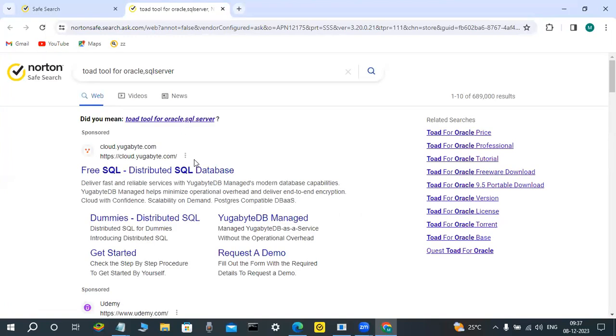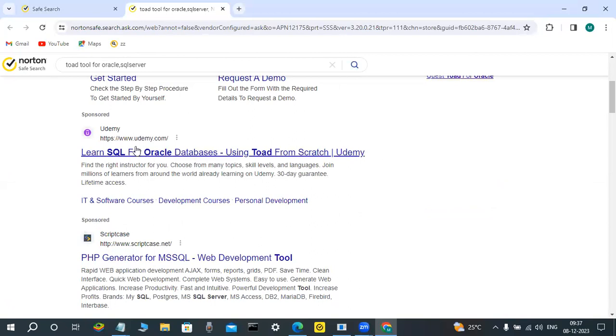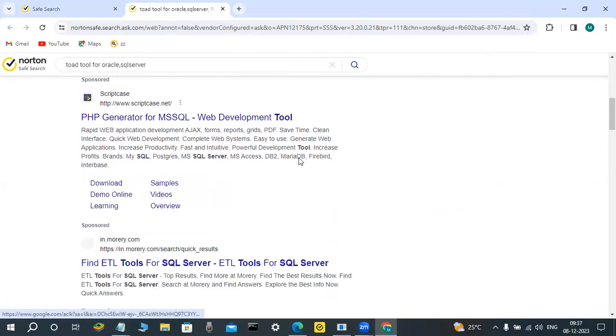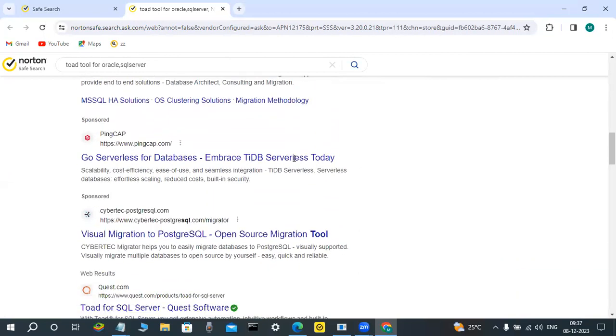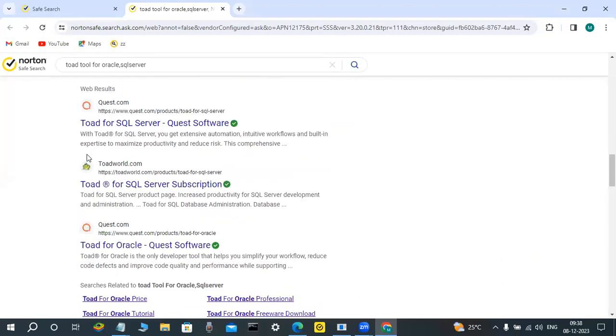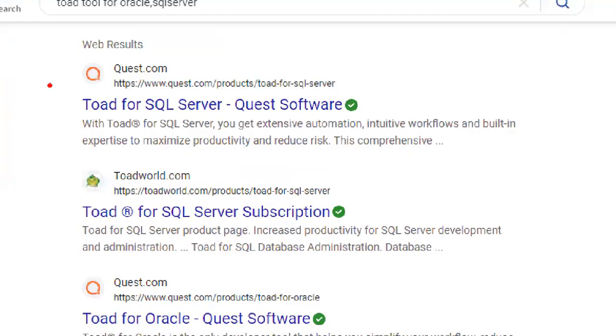Toad for Oracle database is there, and here you can see Toad for SQL Server. SQL Server is a database from Microsoft, the same as Oracle.